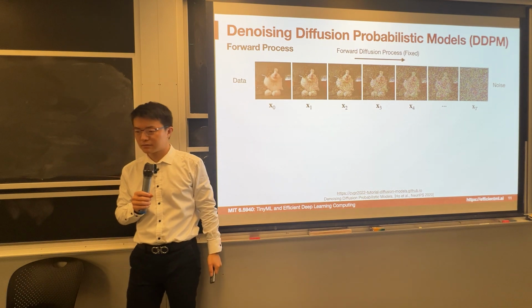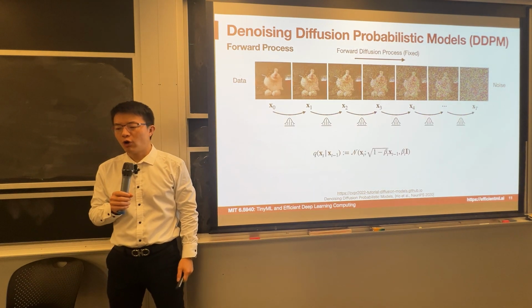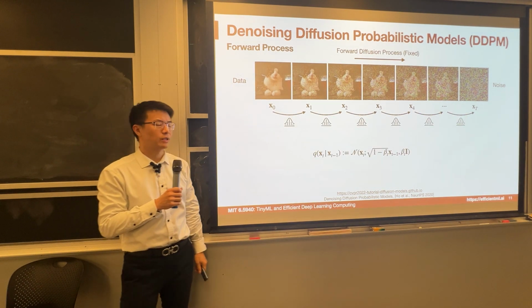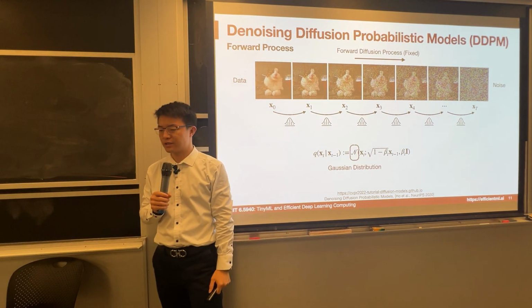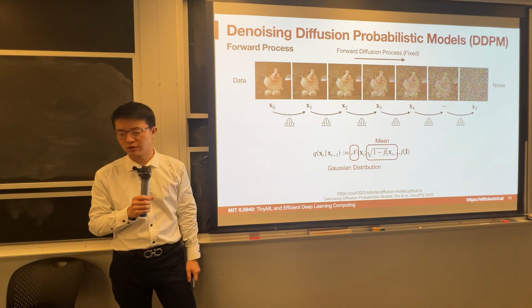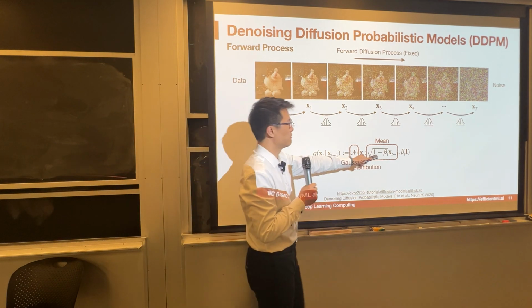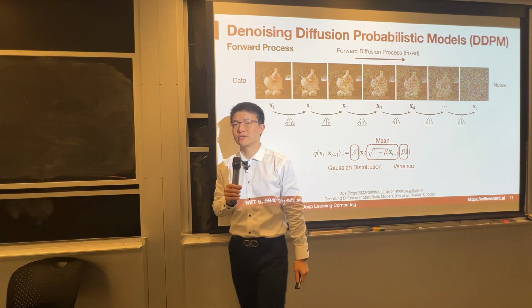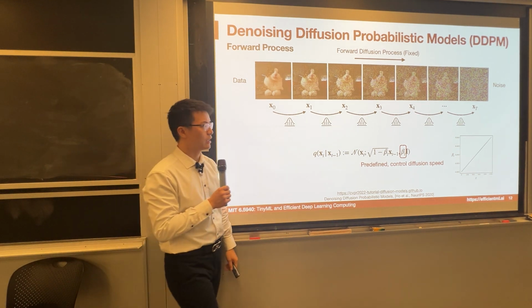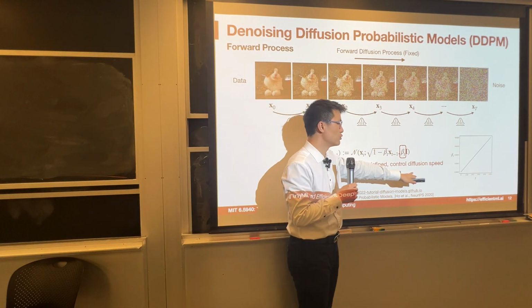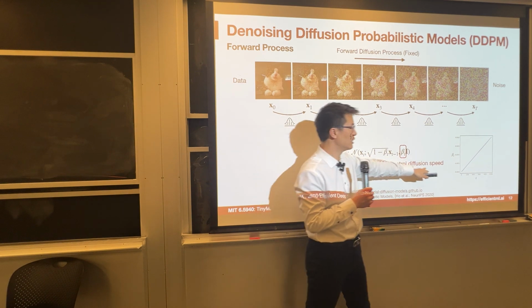In this forward process, we can model the relationship between xt and xt minus 1 as a Gaussian distribution. This is the mean, this is the variance. Beta is a predefined constant to control the diffusion speed, which is only related to t.